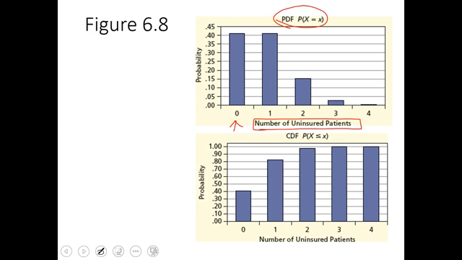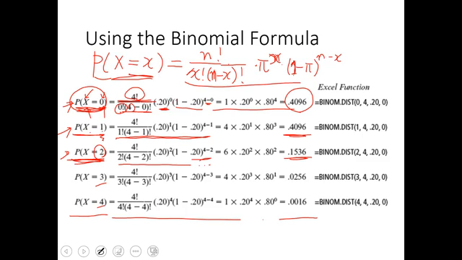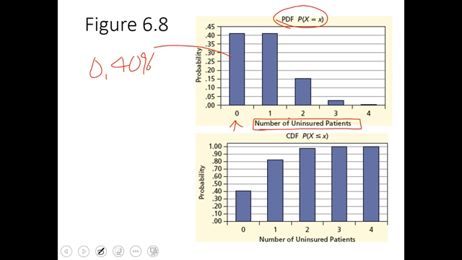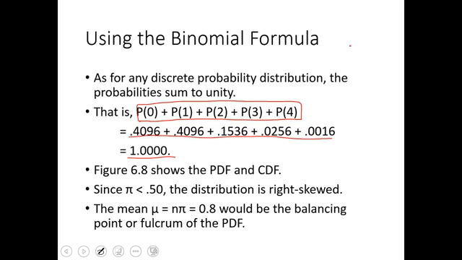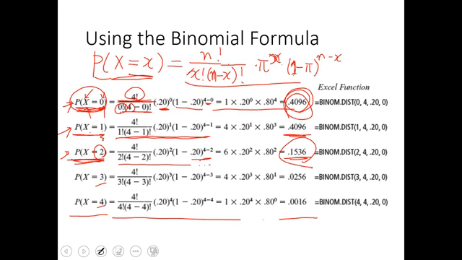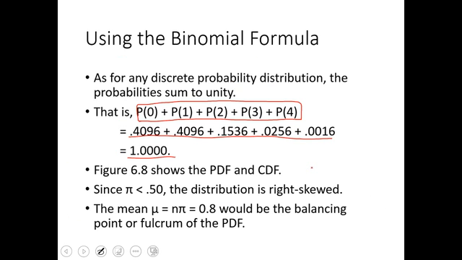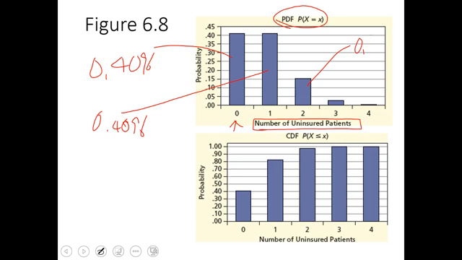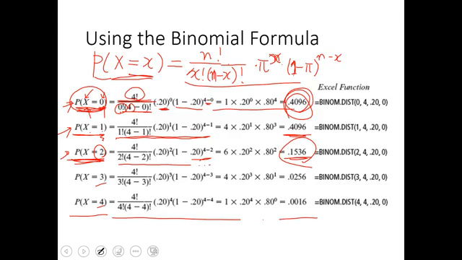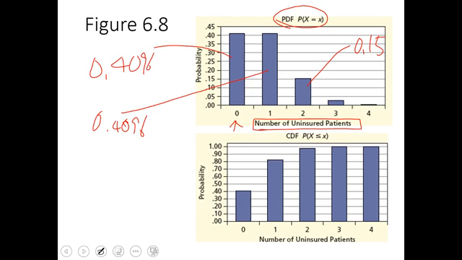Okay. So it is 0.4096 as this number, and that is also 0.4096. And this number is this one, 0.1536, and so on.